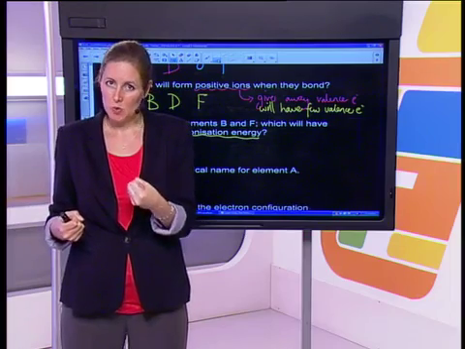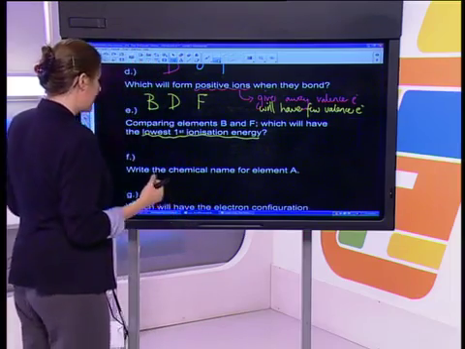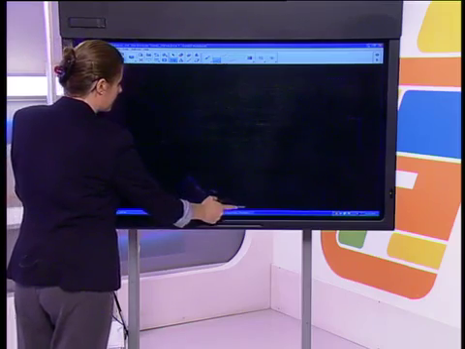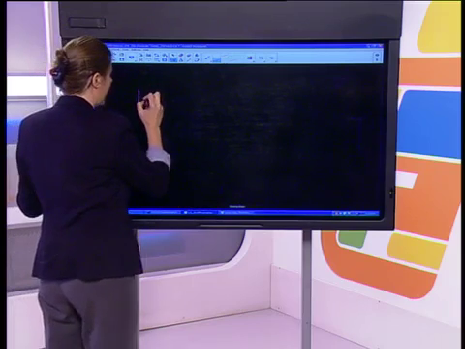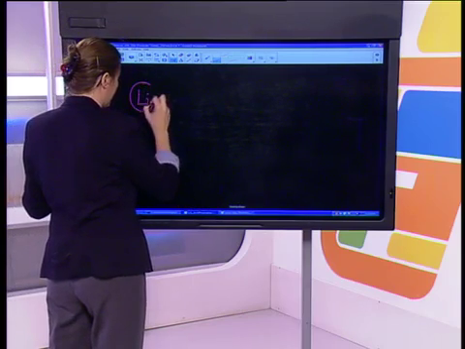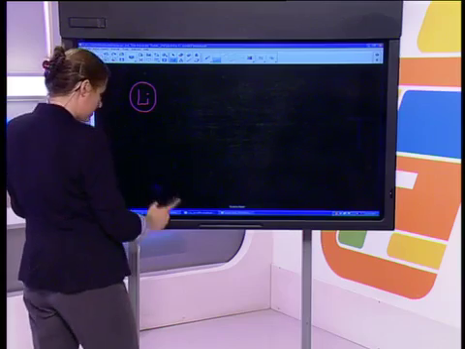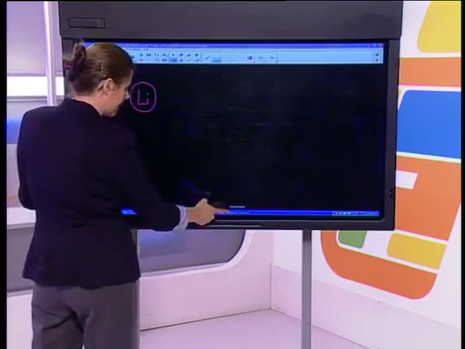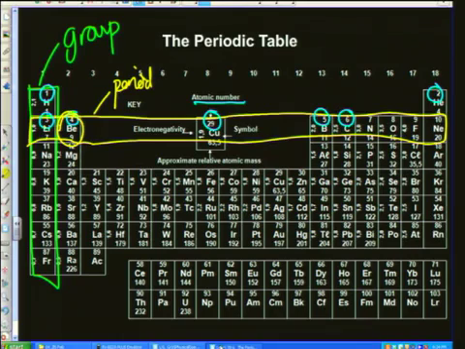If the atom is small, so let me give myself some space, at the bottom of the page here, I'm going to write lithium. And then directly below it, I'm going to write sodium.